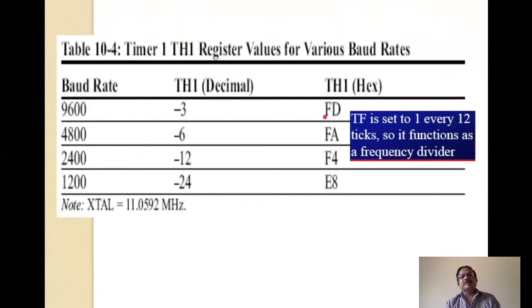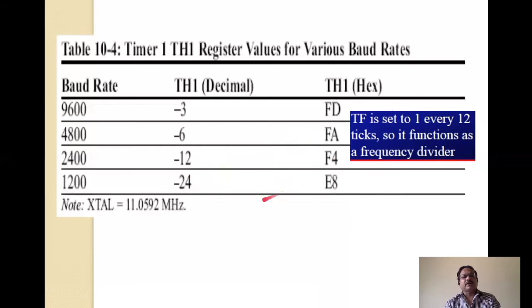So in hex it will be FD, right? Similarly, for 4800, -6, that is nothing but FA. For 2400, -12, that means F4. And for 1200 baud rate, -24 means E8 is the value to be loaded in the TH1 register.